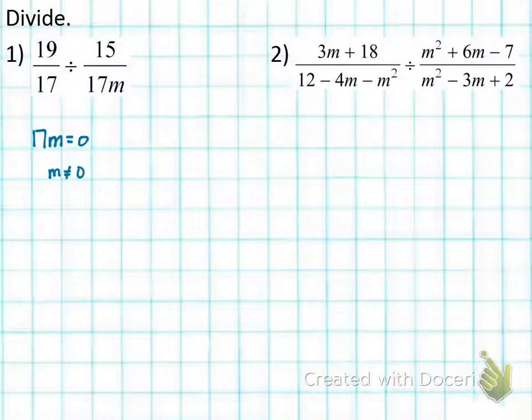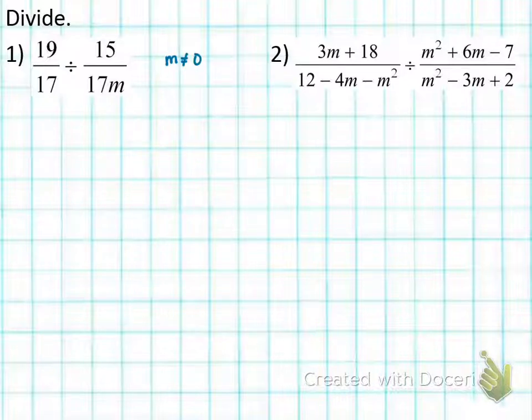I'm just going to put this answer aside so that I don't forget about it. Since I have limited space on this screen, I'm going to erase this, but on your paper you could just have a side problem. So one of my excluded values is m cannot equal 0, because if m was 0 from the beginning, it would make this problem undefined, okay?